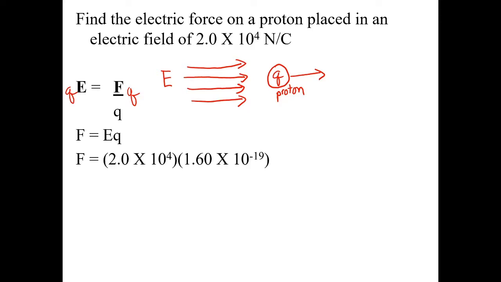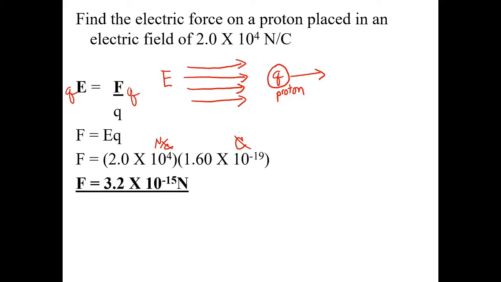And then it's just a matter of substituting. So the electric field was newtons per coulomb. And the charge on a proton, just in case you don't remember, you could always look it up, is 1.6 times 10 to the minus 19 coulombs. So I think it's pretty easy to see that the coulombs are going to cancel. And we'll easily be left with the force.